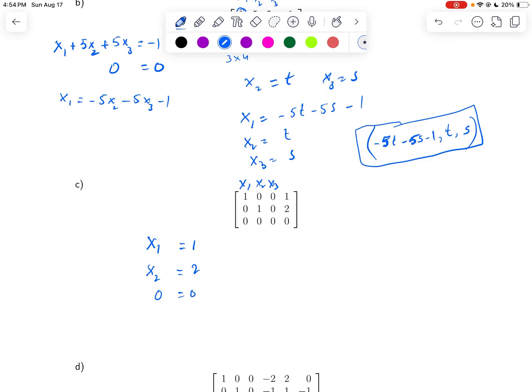Well, there have to be 3 variables, so we should be able to see that we are not getting a specific value for x3, but we are getting a true statement, so we say that x3 is a free variable. So we say let x3 equal to t. So your solution will be all numbers of the type 1, 2 and t.